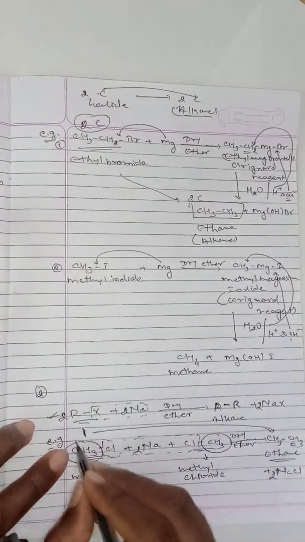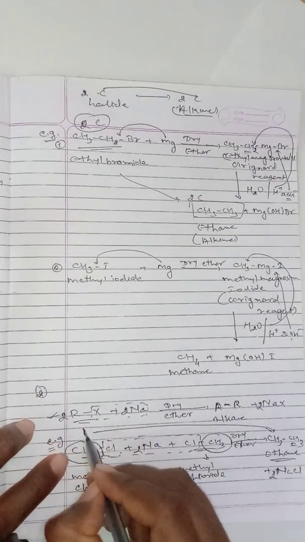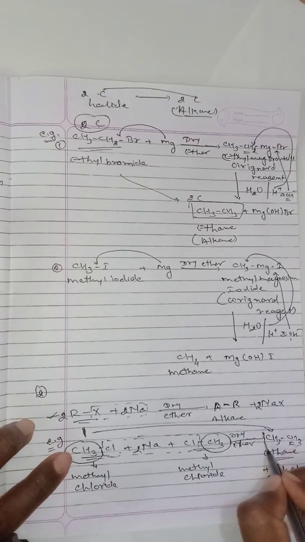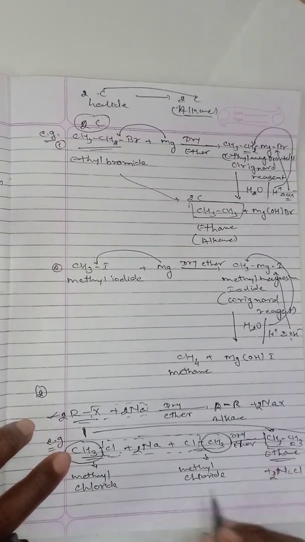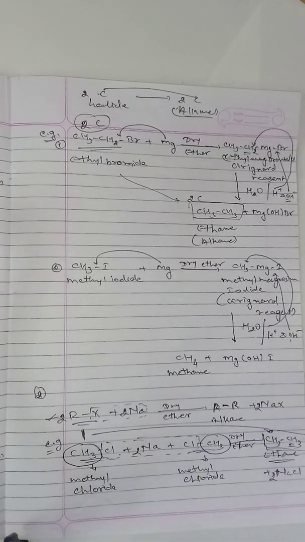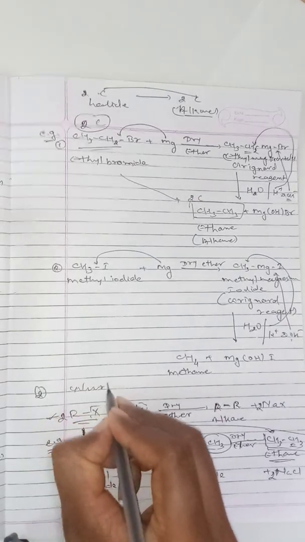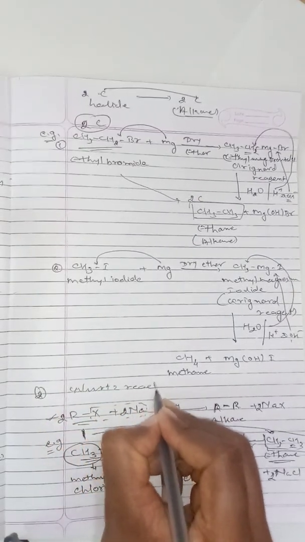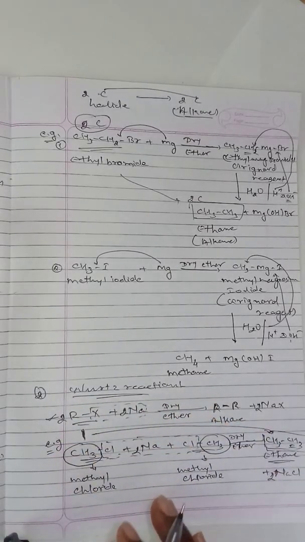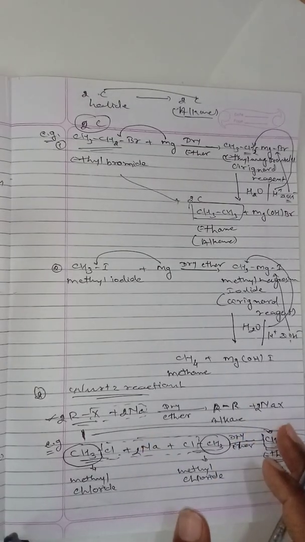Here we take only one carbon of alkyl halide, and we get two carbon of ethane. So in short, by Wurtz reaction, double number of carbon is formed.